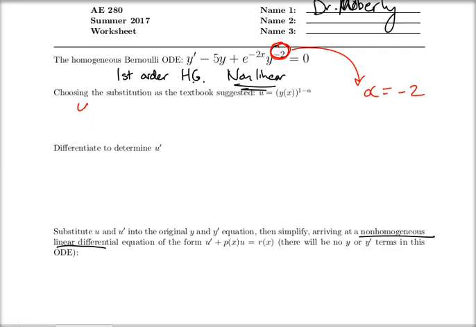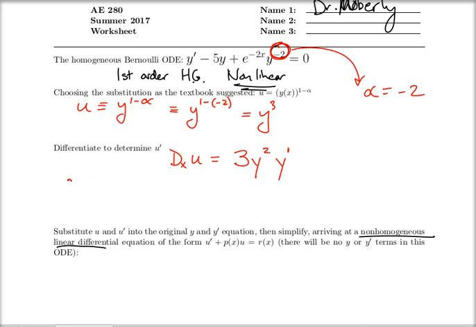If u is defined as y to the 1 minus alpha, that's going to be y to the 1 minus minus 2, which is y cubed. Then if that's what u is, then the derivative of u is going to be 3y squared y prime. That's the chain rule.